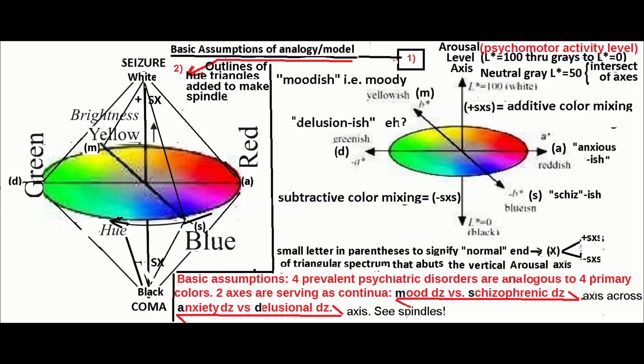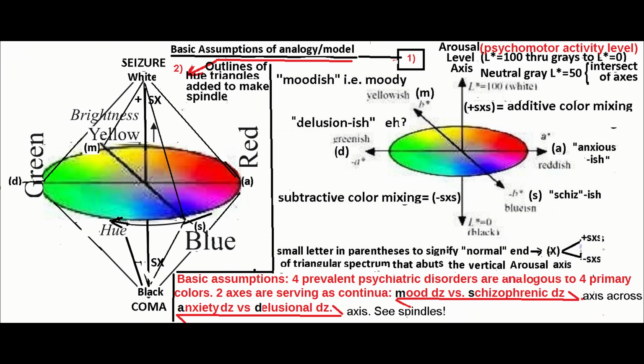Here's a color spindle that's a little bit more elaborate. If you look over on the right-hand side, you can see that these colors I have matched up with, starting at the top, mood disorders, delusional disorders, schizophrenic disorders, and anxious disorders. The ends where you see the small letters are presumed to be normal variants, just personality.